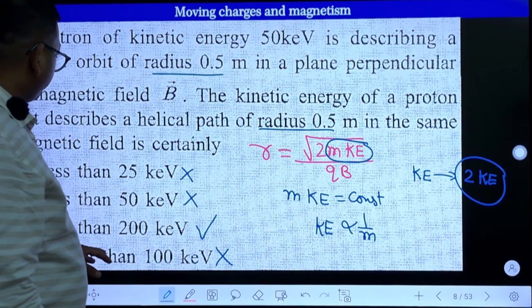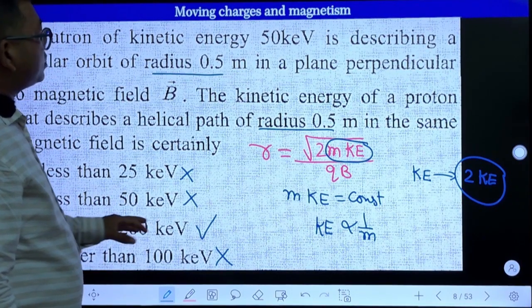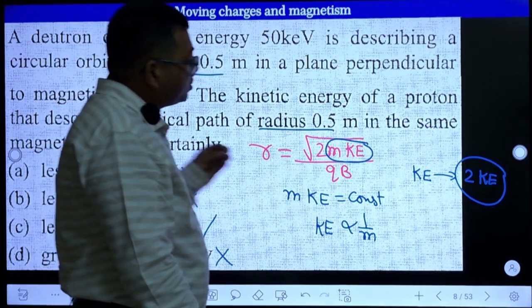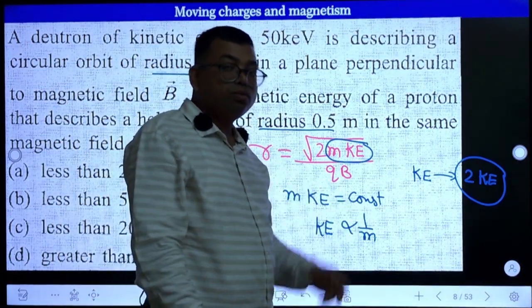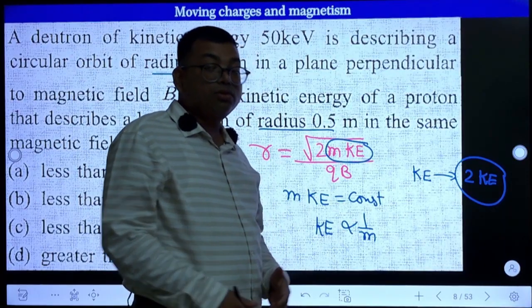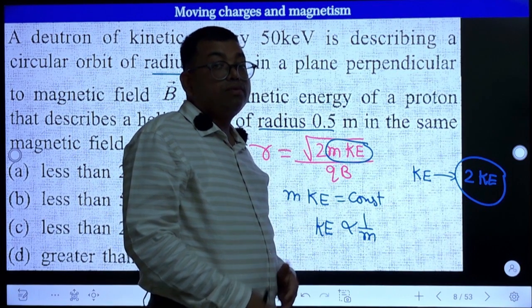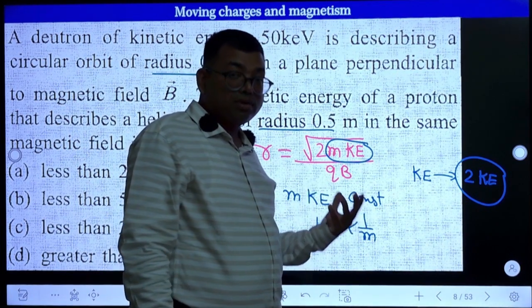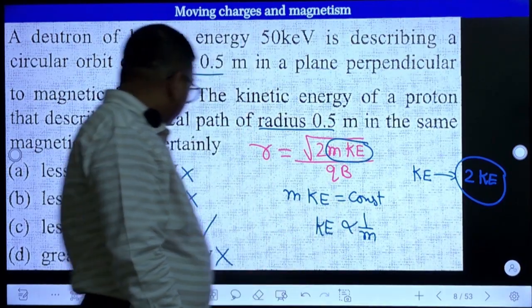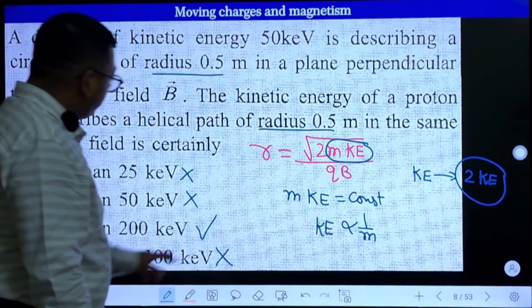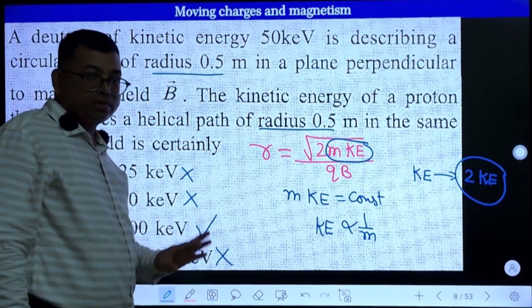Now here there may be a little bit of confusion: is the mass of neutron exactly 2 times the mass of proton? If it is exact, then our calculations are correct. But definitely it will be less than 200.